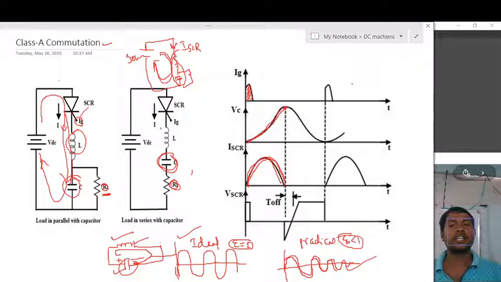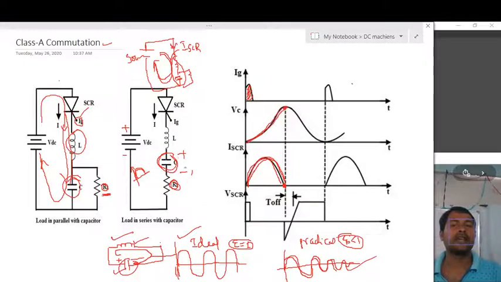I already explained the current through the inductor and capacitor is sinusoidal. For the positive half cycle, the current will be like this, and when the current reaches the natural zero point, look at this one, the capacitor plate is positive and negative, and this is the source voltage, positive and negative.